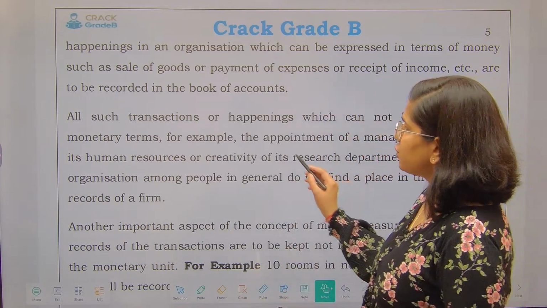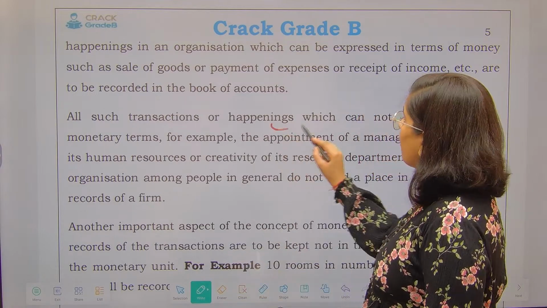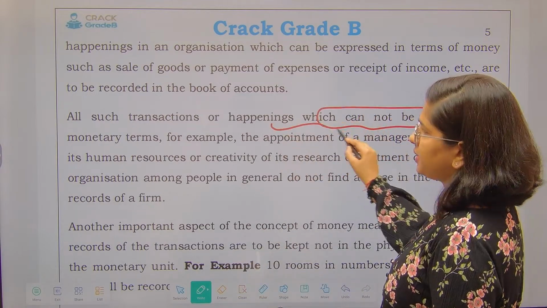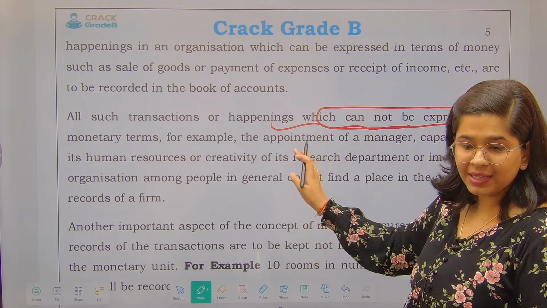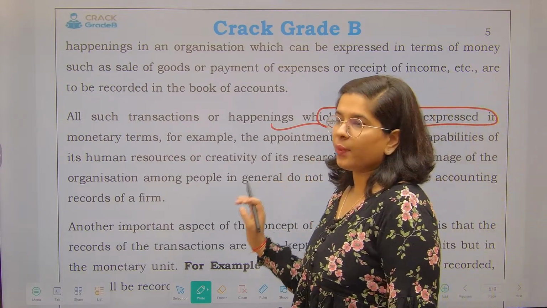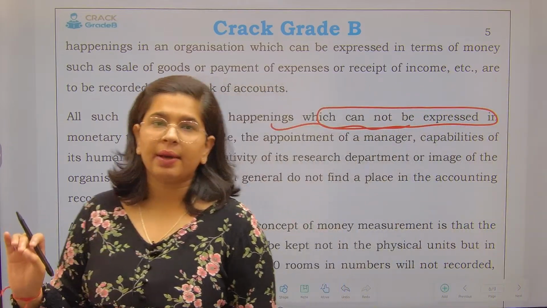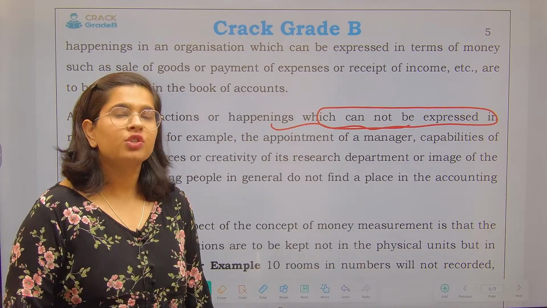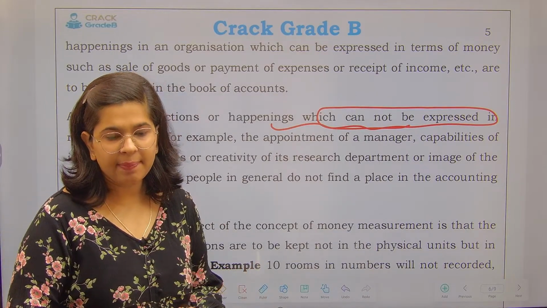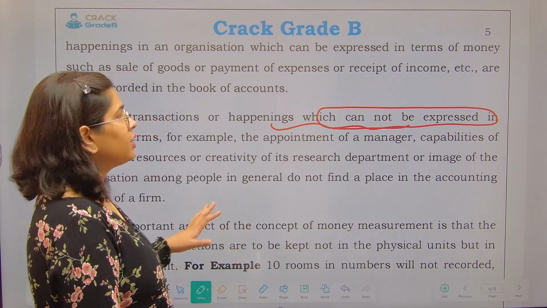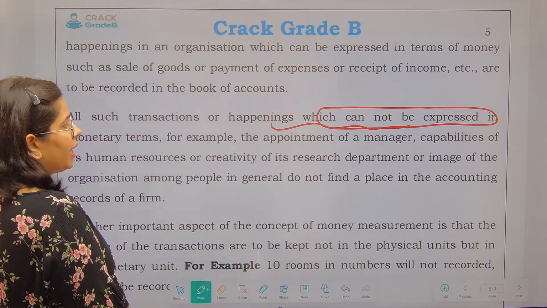All such transactions or happenings which cannot be expressed in monetary terms are not recorded. Now please focus on the examples. The questions can be built directly from the examples only, so whatever examples are given here, please have a look at them.